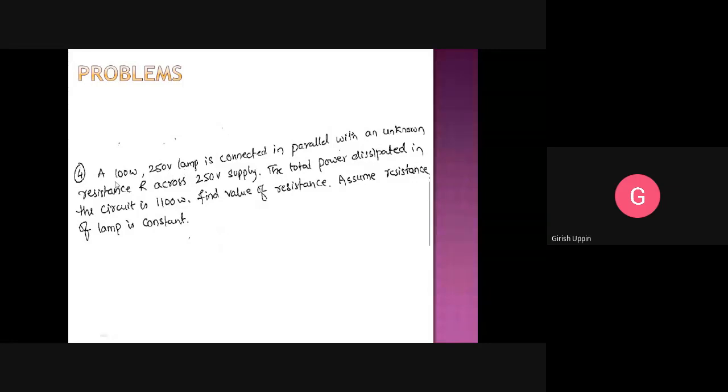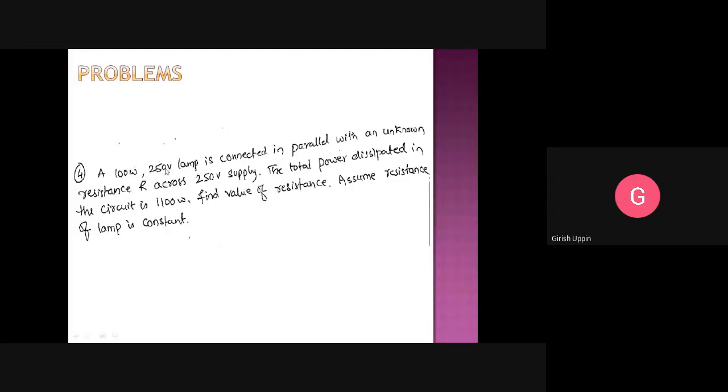See, the lamp specification is given, power is given, voltage is given. Which equation will you use? R is equal to V square by P. Correct. Or which form of the power equation? P is equal to V square by R. So that is R is equal to V square by P.